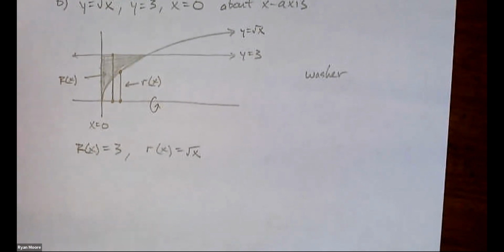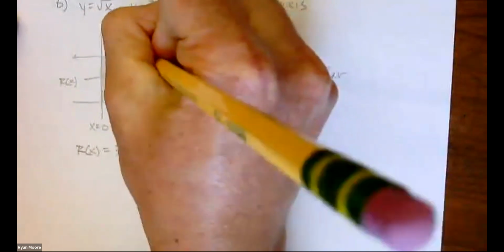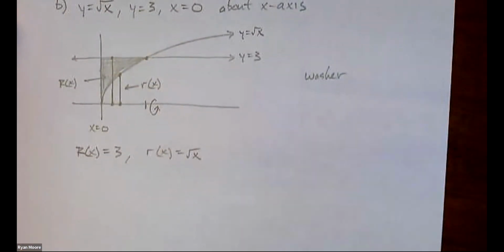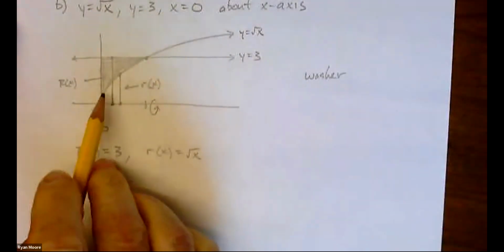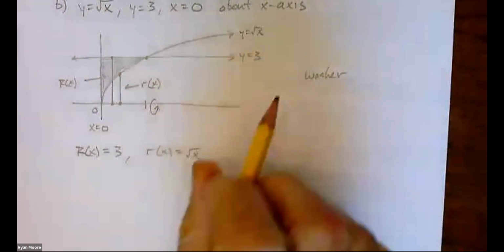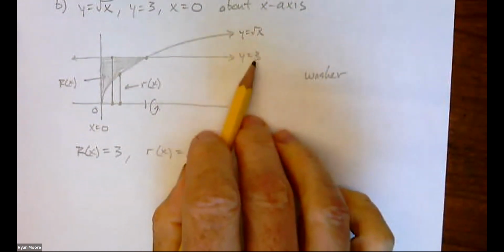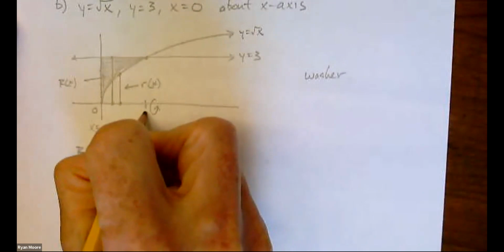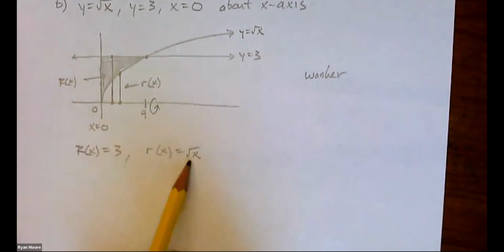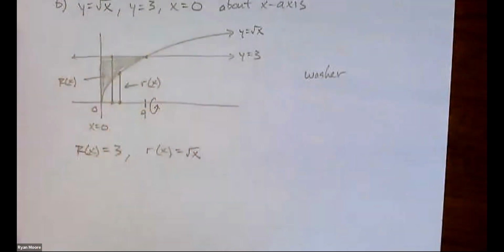We also need to know where these intersect. We know the region will begin at 0, but where does the region stop? Where does 3 equal square root x? That's going to be at x equals 9, when the outer radius actually equals the inner radius.